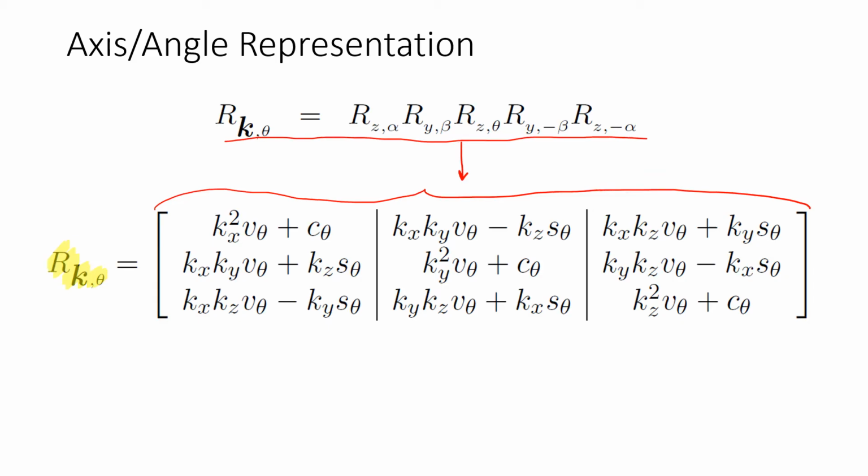The only little thing that you must observe is that v theta in this expression is nothing complex. It is called verse of theta, which is just like 1 minus cos of theta. So we're using this to write the expression in a nicer form.